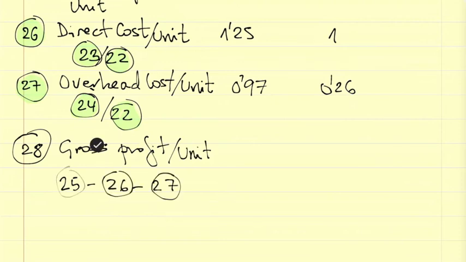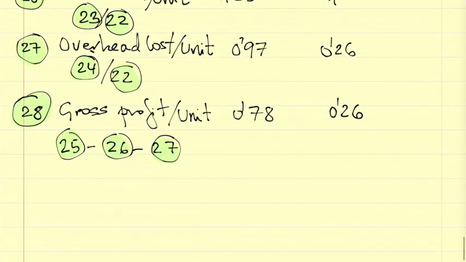So our revenue minus the cost, it's the profit. Okay, so this is not really difficult math. So we get a gross profit per unit. So we earn 0.78 euros per unit in product A and 0.26 euros per unit on product B.